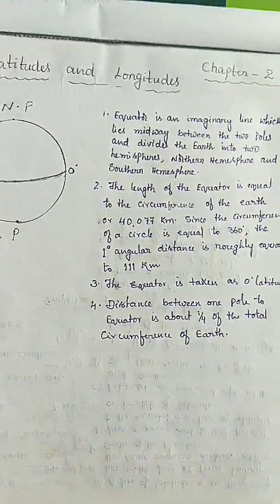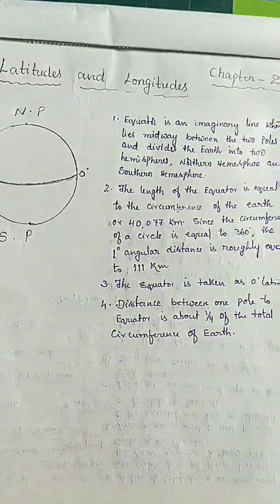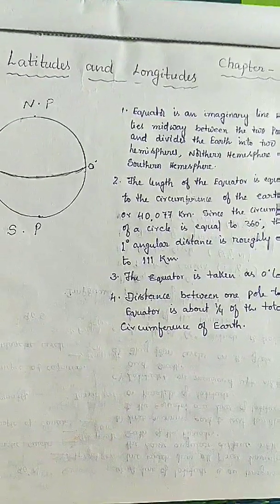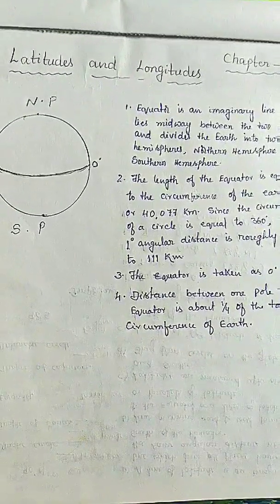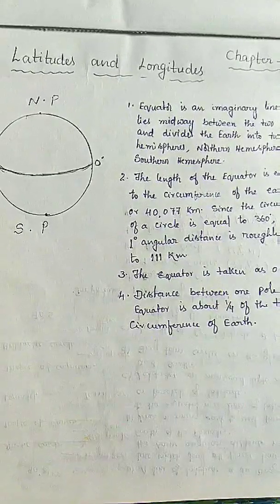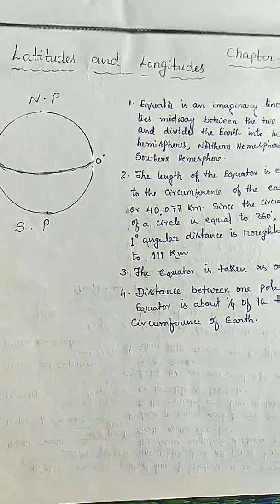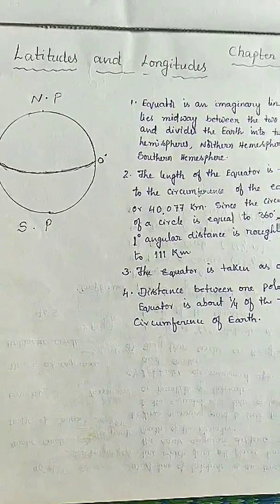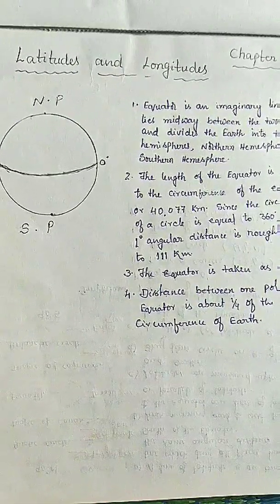As you know, Earth is a living planet. It is spherical in shape. The Earth is not a perfect sphere. It is flattened at the poles and slightly bulging out at the equator.